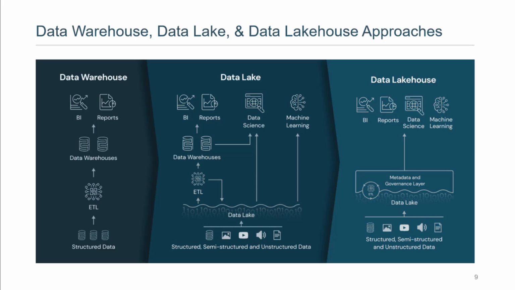This is also really powerful in terms of data science and machine learning, because data science and machine learning can access those images, those CSVs directly without having to go through the data warehouse itself. And so as data science and machine learning have gained popularity and people recognize the power in these tools, that has really driven the need to have access to unstructured data.